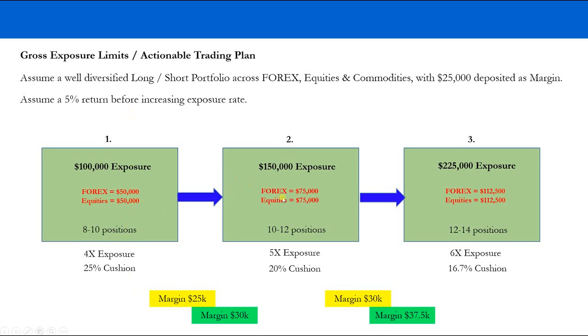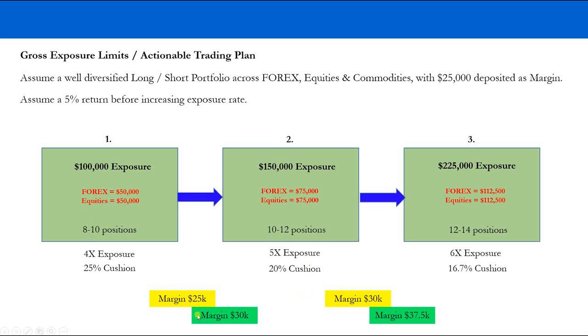If we're going to move to a higher exposure rate, we're going to be moving only if our margin increases, only if we make money. So we're looking for a 5% return on the $100,000, which gives us a 20% return on the $25,000.